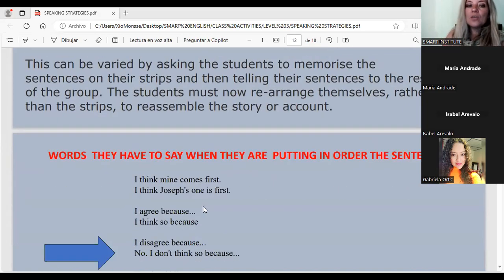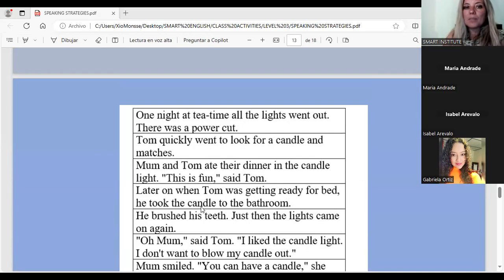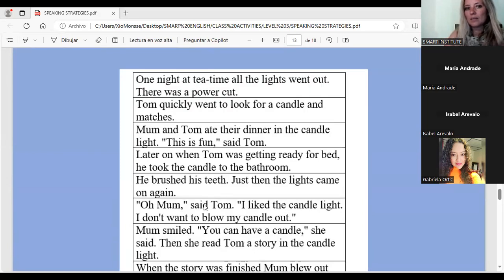Yeah, thank you. This game, for example, is an example of a short story that you can cut. You can cut each section, each part, and distribute these small papers per group, right?